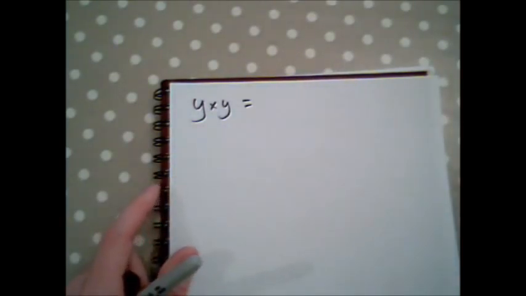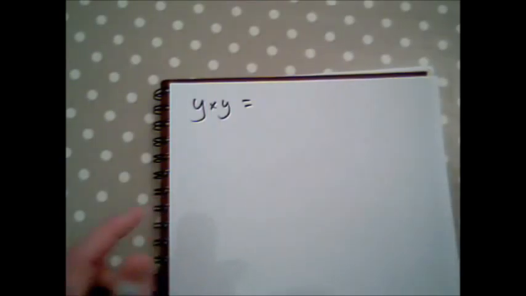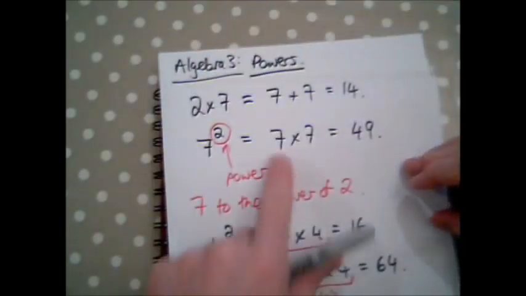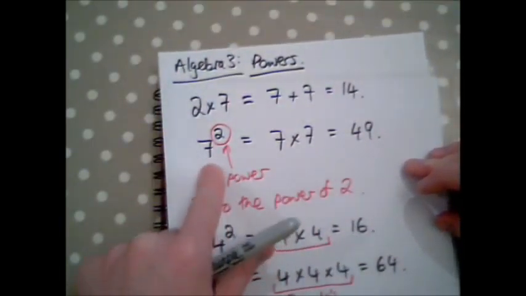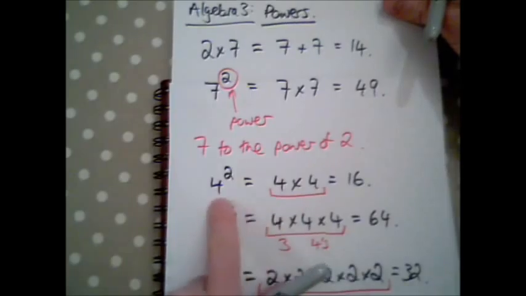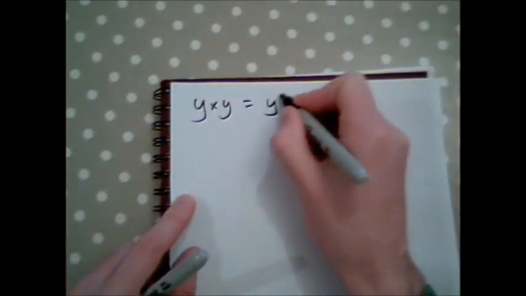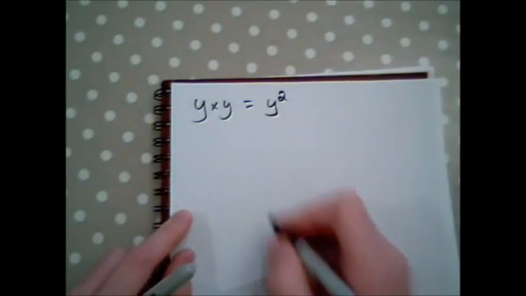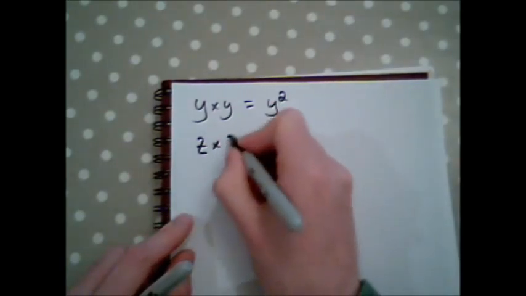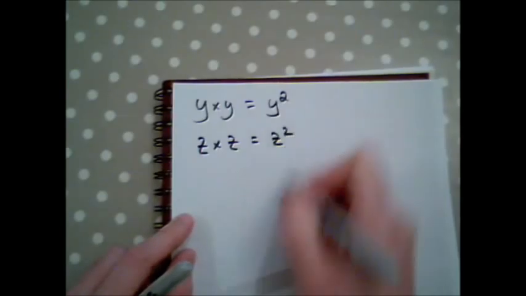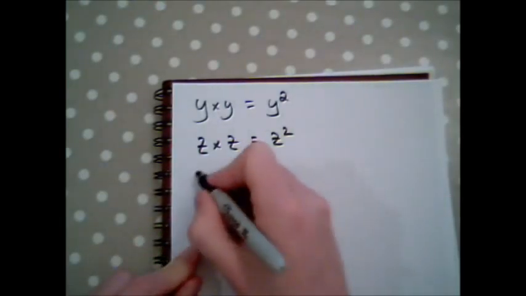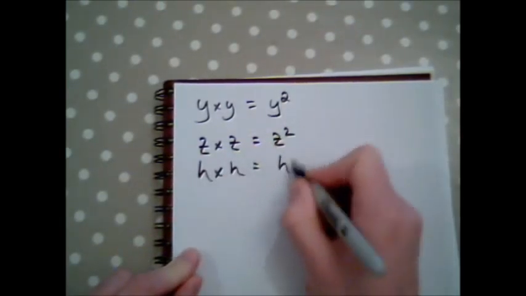Well, from the last example, 4 by 4 is 4 squared, or 4 to the power of 2. 7 by 7 was 7 to the power of 2. 4 by 4 was 4 to the power of 2. So y by y is going to be y to the power of 2. And z by z is going to be z to the power of 2. And h by h is going to be h to the power of 2.